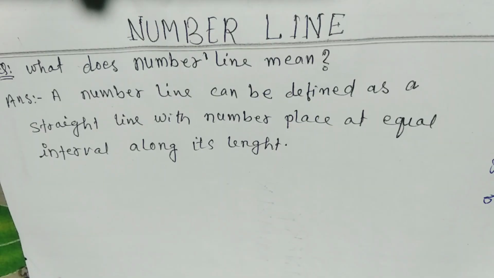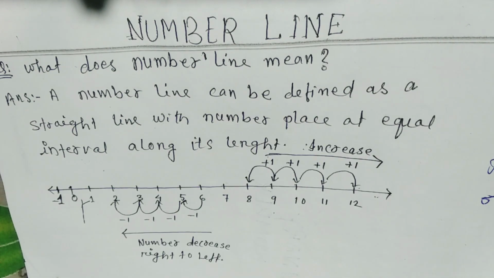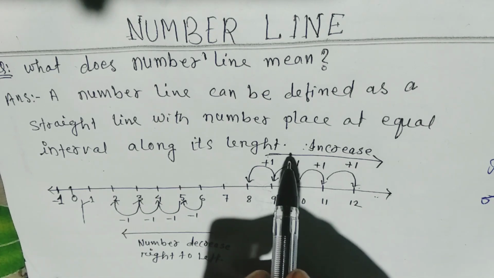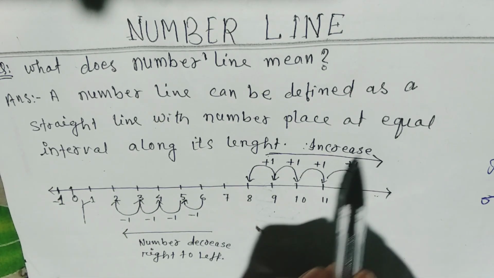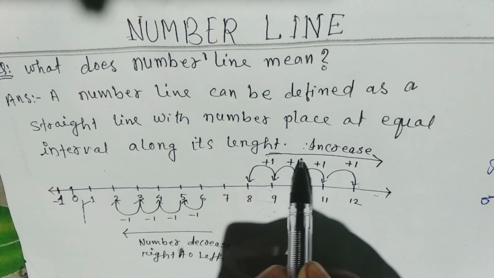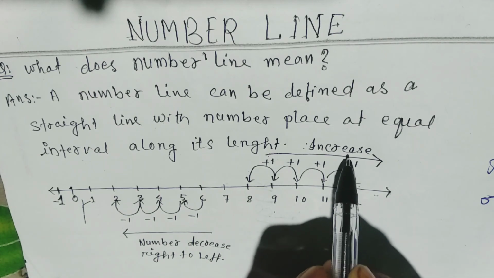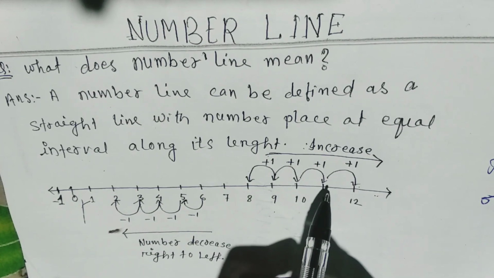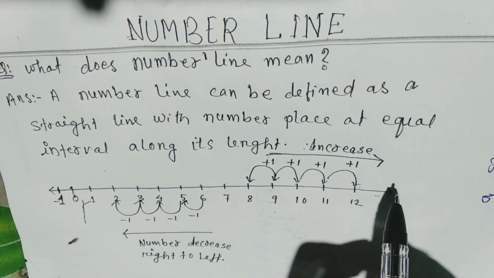Now we will go through a number line. Notice this number line. See here, numbers decrease right to left, this side, and notice here numbers increase left to right.